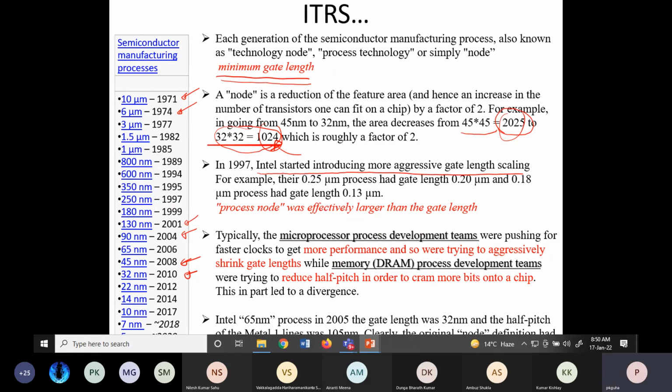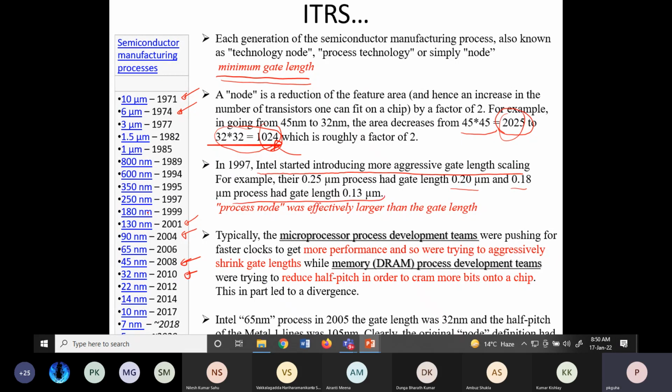Why should we follow Moore's law? We can go beyond that. So Intel started introducing more aggressive gate length scaling. For example, their 0.25 micrometer process had a gate length of 0.2 micrometer, and 0.18, that is the 180 nanometer process, had a gate length of 130 nanometer.